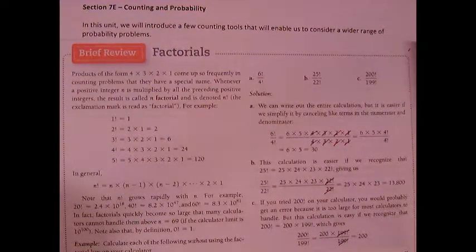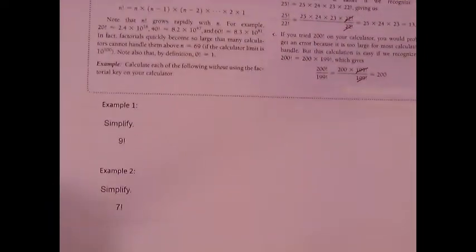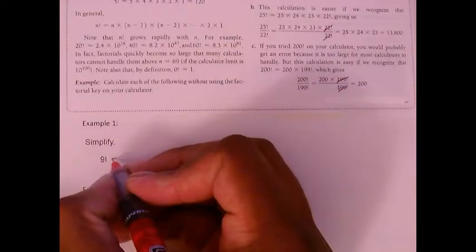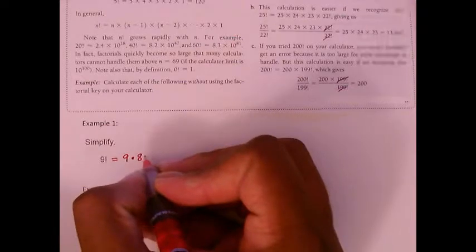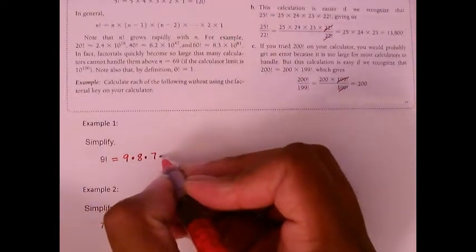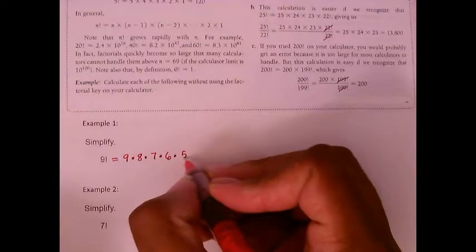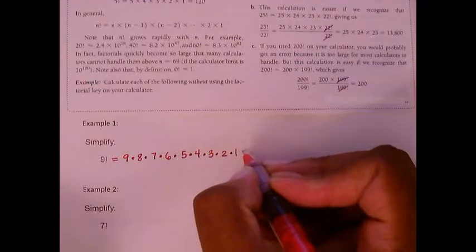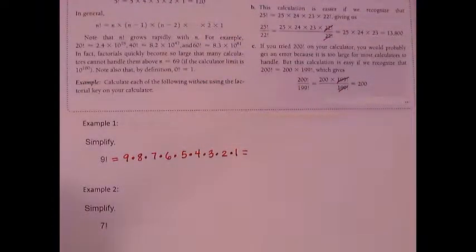Okay, now let's look at some examples that are related to factorials and how we can simplify them. Like in these two examples here, there are more on the next page. Let's say I want to simplify 9 factorial. Well, I write 9 factorial out as 9 times 8 times 7 times 6 times 5 times 4 times 3 times 2 times 1.